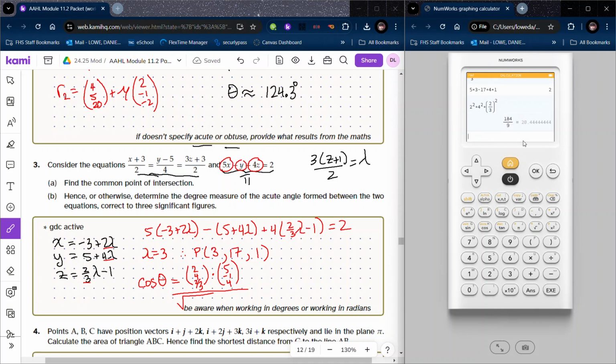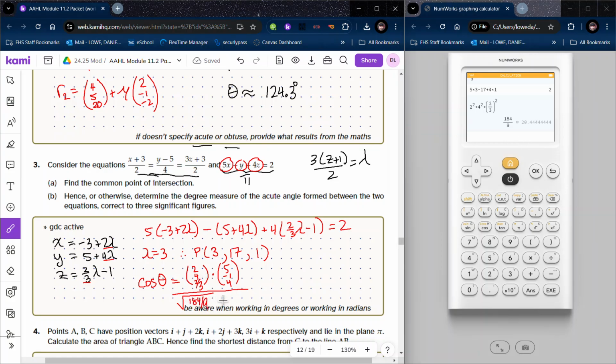Okay, and we make sure that it's written correctly, and so it gives us 184 over 9. And the other one would give us 25 plus 1 plus 4. If you need to use your calculator and it's calculator active, you can. So remember, theta is going to be the angle between the normal and your line.